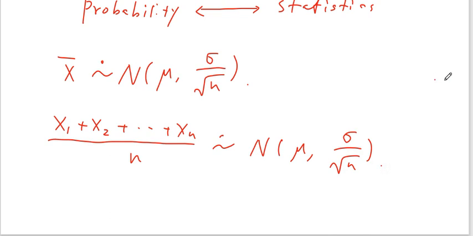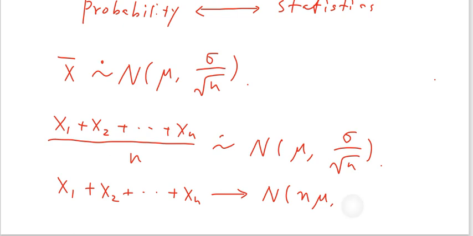Multiplying by n, x1 plus x2 plus up to xn will be close to a normal distribution, with mean n mu and standard deviation root n sigma.